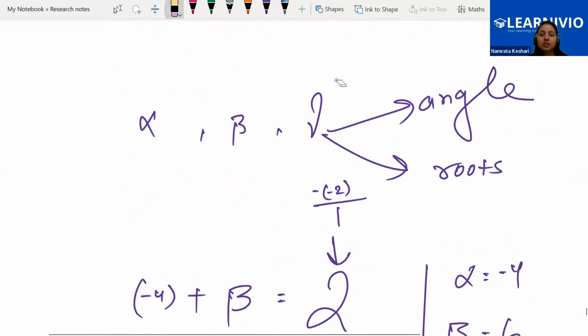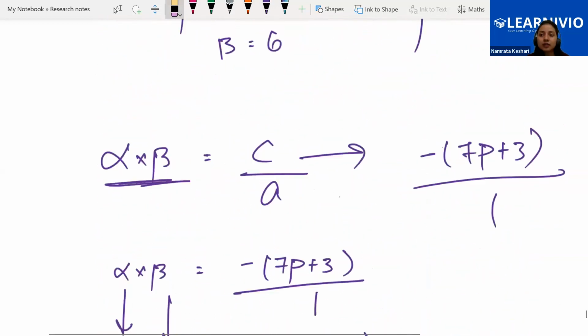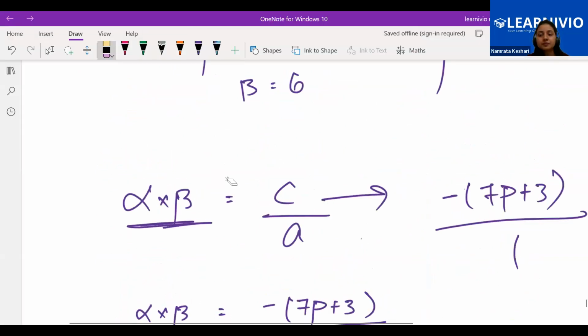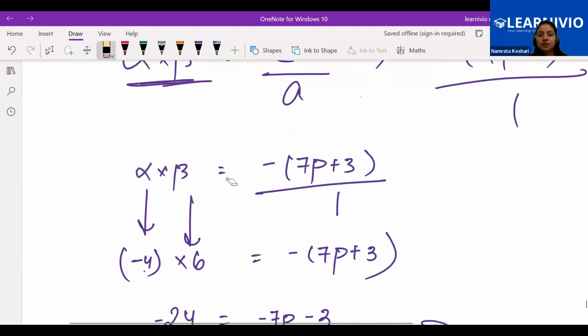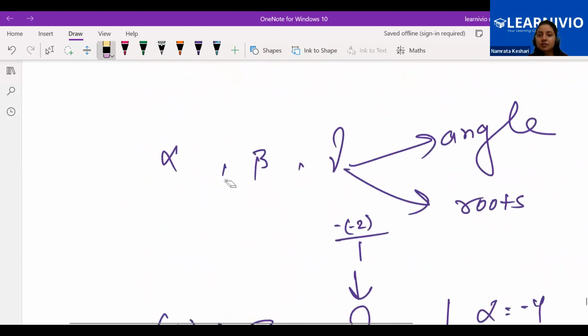But how did you get 3? If I ask for the solution, let me know now. Have you done it like this or not? Abdul, have you done it like this? Yes. Will you be able to send the solution? Yes.